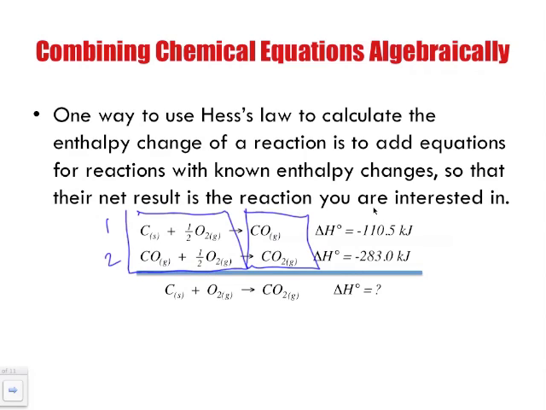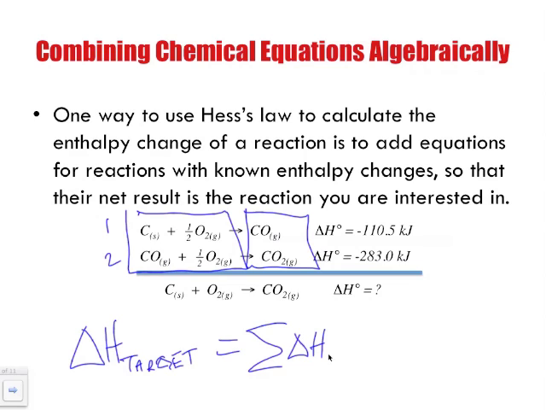And using this step, as we said before, the change in enthalpy of the target, this bottom equation, oh, I cannot write on my tablet today, it's acting up. The target is equal to the sum of all the enthalpy changes of our knowns, and we've got two equations representing our knowns, equation 1 and equation 2.